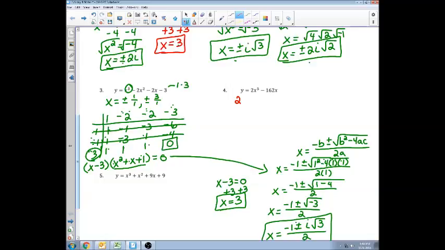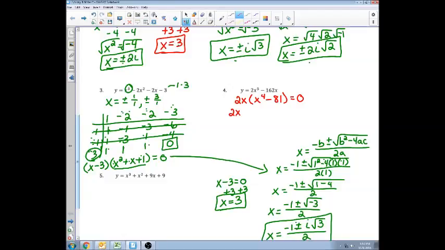I'm looking for the largest number of x's I can take from both of my terms. Well, the largest number of x's I can take from 162x is just 1. So that is all I can take out. That would leave me with x to the 4th minus 81. All that's equal to 0.